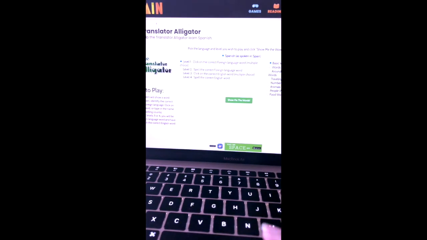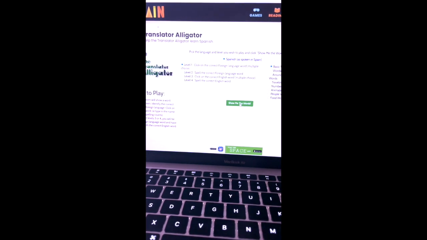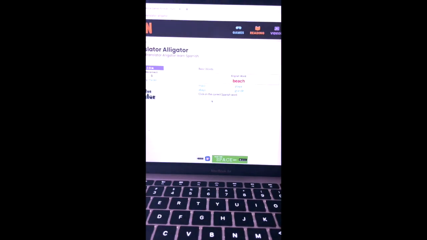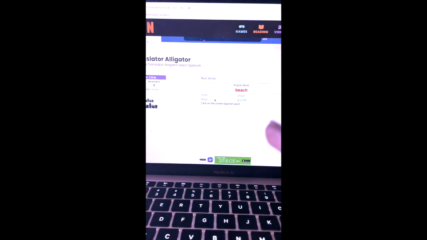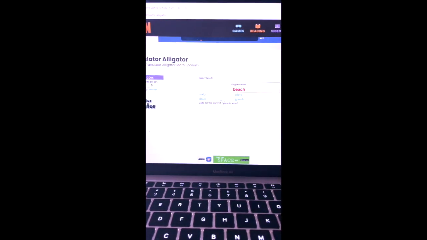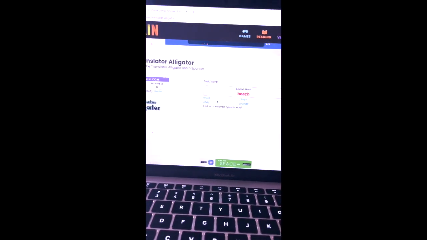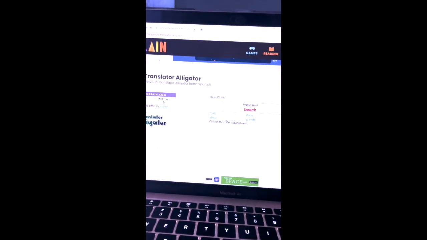In this case I'm gonna choose level 1, which is multiple choice, because it shows several options that my students can choose, and at the same time it's teaching them more words in Spanish. And our main goal is to develop vocabulary.